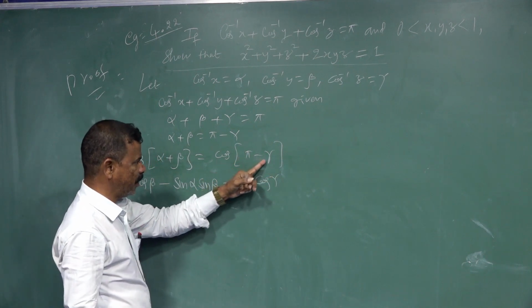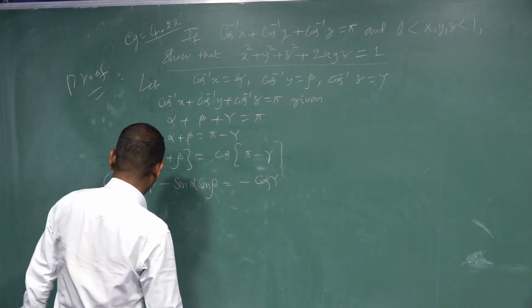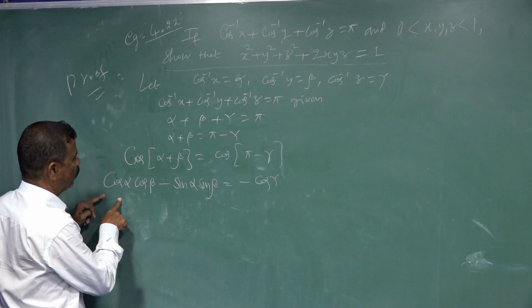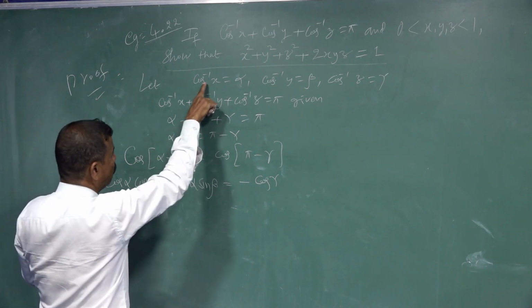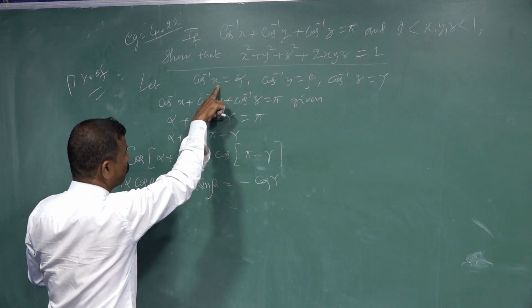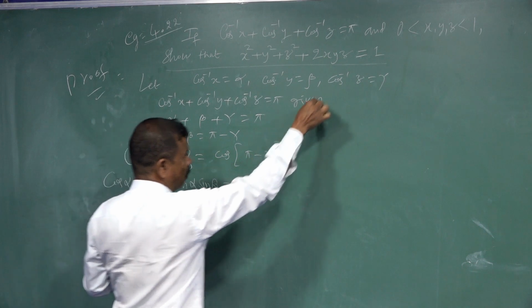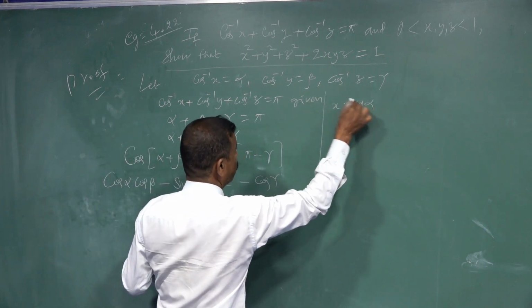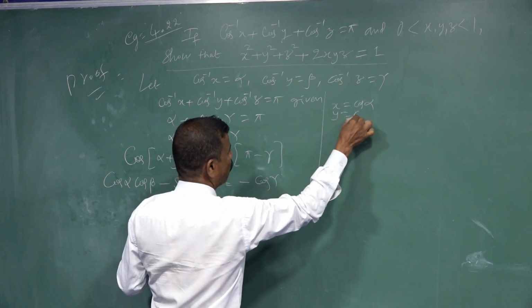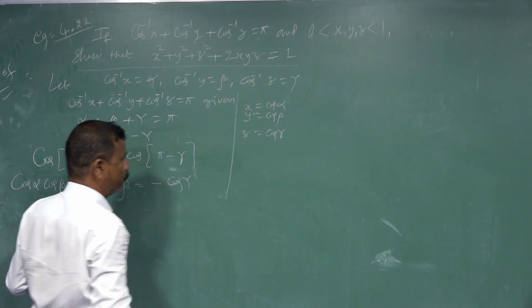Cos of 180 minus theta is minus cos theta, second quadrant. Now cos alpha means what? Cos alpha is equal to x; otherwise x is equal to cos alpha. Here y is equal to cos beta. Here z is equal to cos gamma.